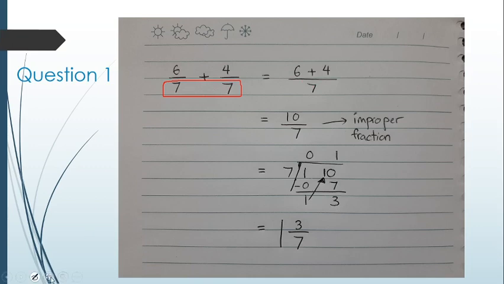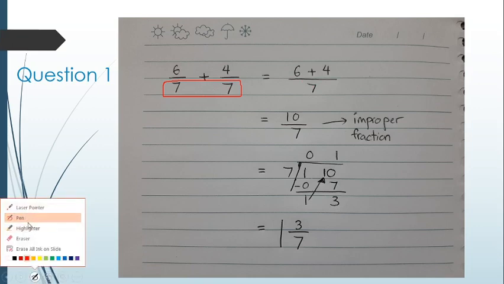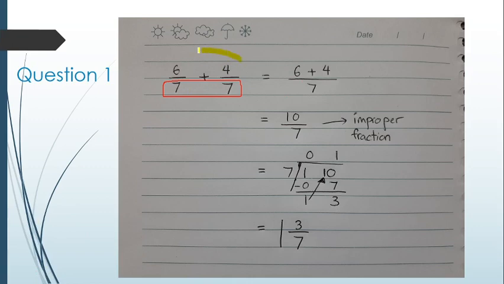What you need to do is add up the numerator, 6 plus 4. The denominator does not change, so 6 plus 4 is equal to 10. The denominator is still 7. Alright, so right here we have 10/7.